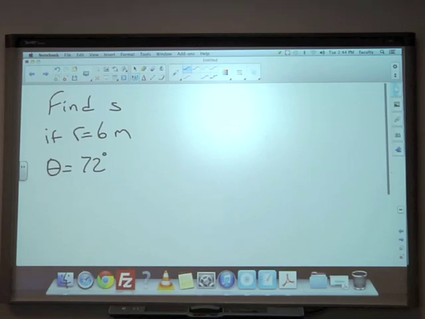You've got to first convert into radians. Oh, we've got to convert the 72. Again, the angle must be in radians. If it's not in radians, find the arc length. Arc length, gotcha. Again, circumference is a special arc length.